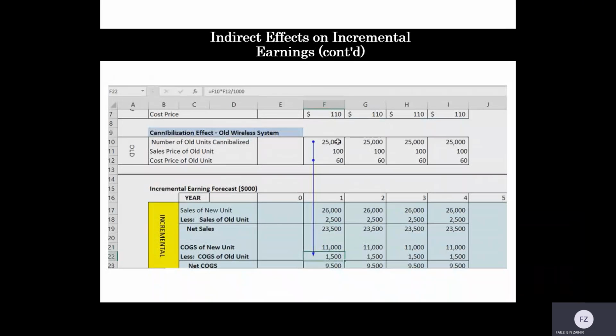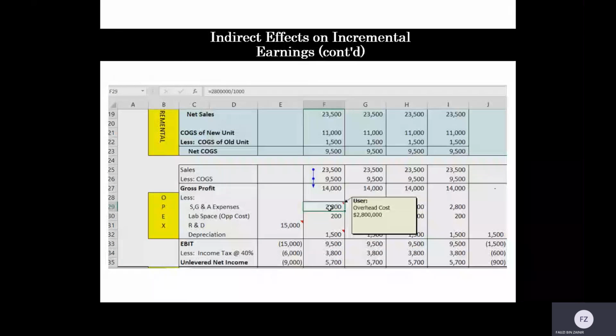So all in all, we have the gross profit, which is 14.8 million. The rest is more or less the same. The SG&A expenses is 2.8 million here. As we already knew, that is for the marketing costs and for the opportunity costs, which is the rental costs, because we are not renting out the space.